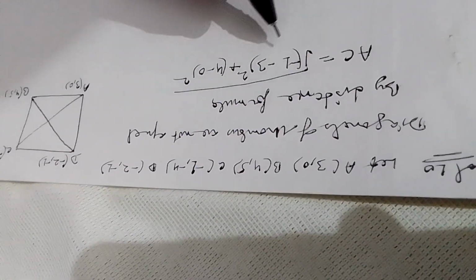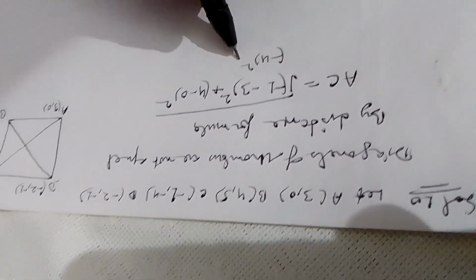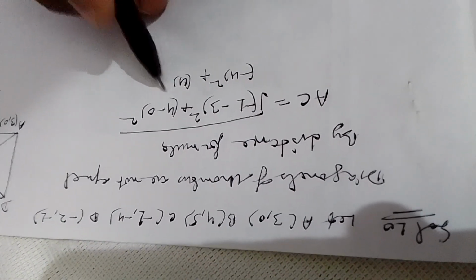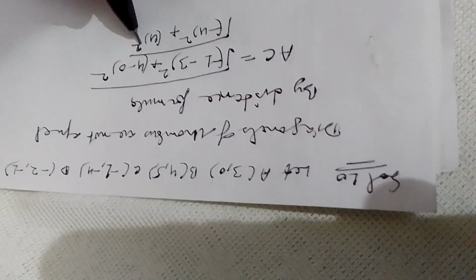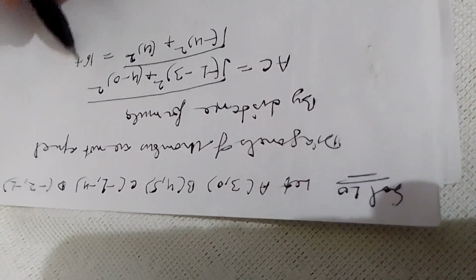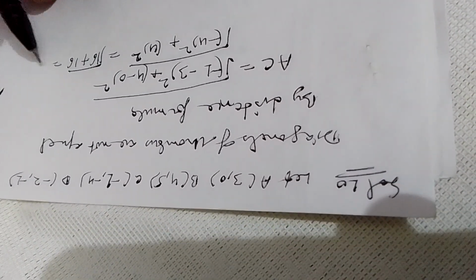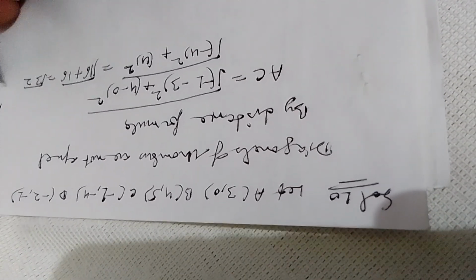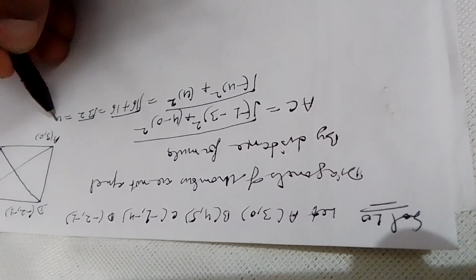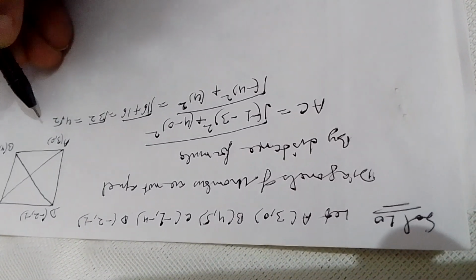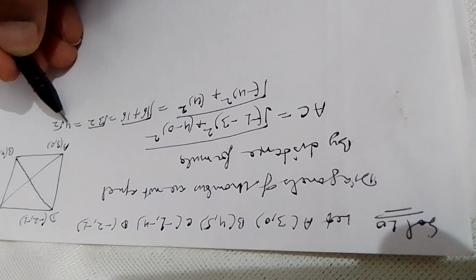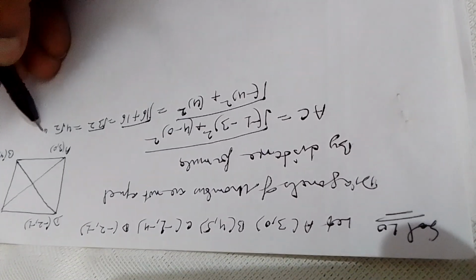So that comes out to be under root minus 4 square plus minus 4 square, it comes out to be 16 plus 16, which is under root 32 units. Or we can further simplify it as 4 under root 2 units.